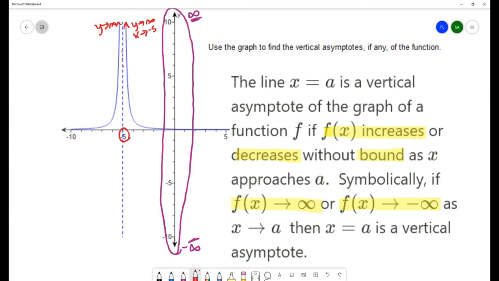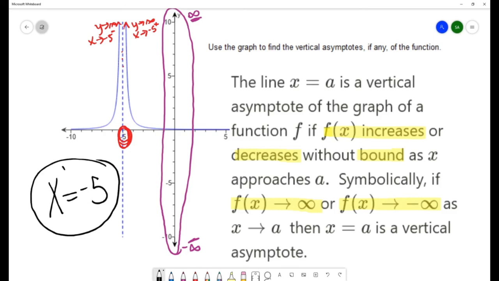We use a little plus sign when it's above the number and x is approaching -5 from below the number, we use that minus sign. So on this graph, because y is approaching infinity as x is approaching -5, we can say that the graph has a vertical asymptote at x equals -5. So that's the location of our vertical asymptote.